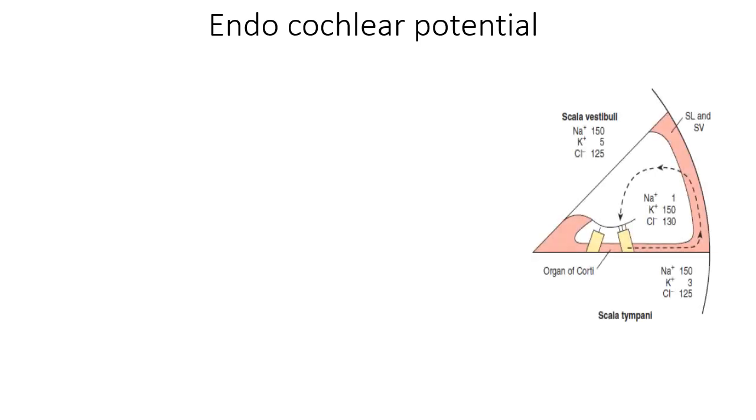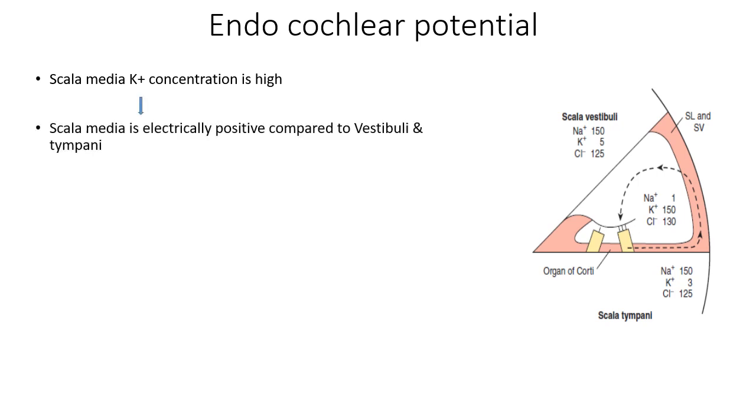Now, the endocochlear potential: what it is and how it is formed. In the last slide we discussed the composition of endolymph and perilymph. There is a huge difference of potassium concentration. The scala media contains endolymph, where the potassium concentration is higher than in the scala vestibuli and tympani, which contain perilymph.